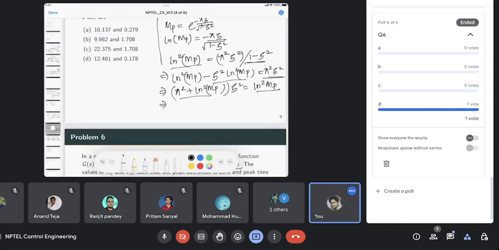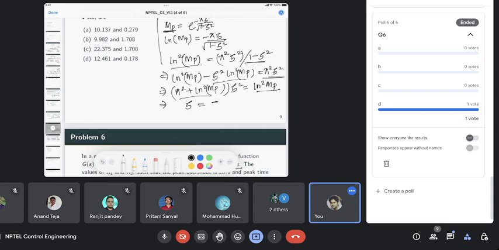the square root. When you are taking the square root, you have to be careful what sign you want to find. If MP is given as a fraction, that means less than 1, then your ln value will be negative, right? But we are considering an underdamped system for which the damping ratio should be positive, so you have to take the negative sign of that.